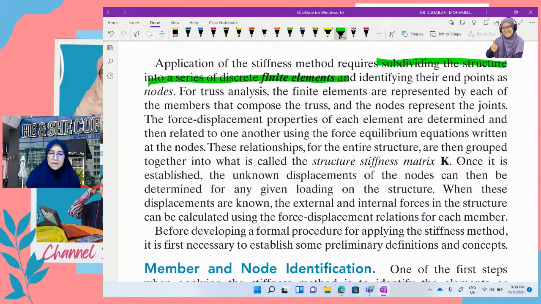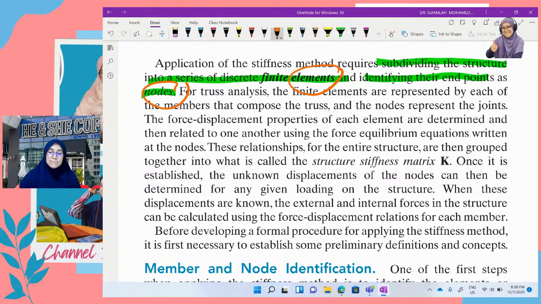Next, identifying endpoints as nodes. Here we have to understand two terms, element and nodes.